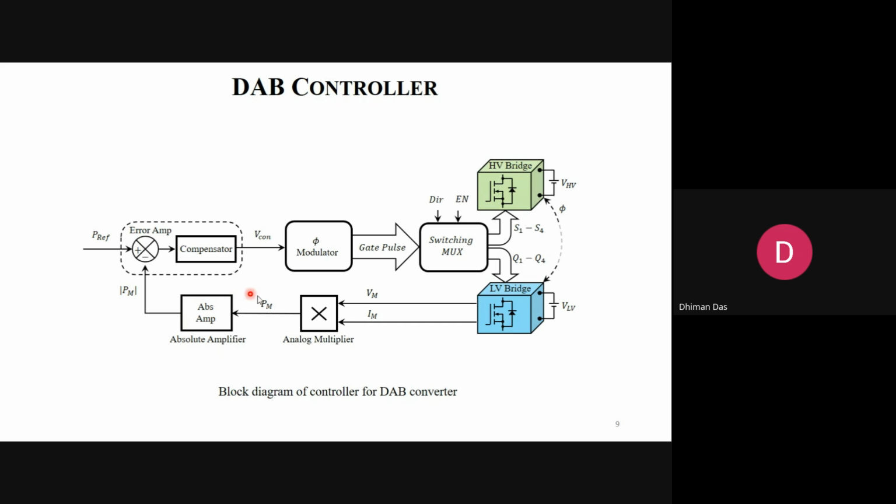Now to do that, we need an absolute value amplifier, so that only the magnitude goes to the PI controller instead of the polarity. This is just like rectification. But with normal diode bridge rectification, the voltage will drop across the diode, and this is a very low level signal, in the range of 2 volts or 3 volts maximum.